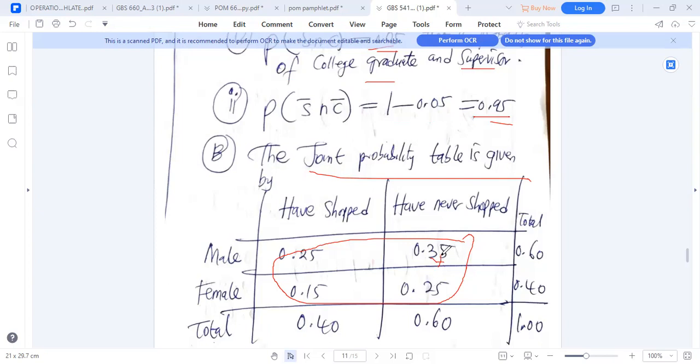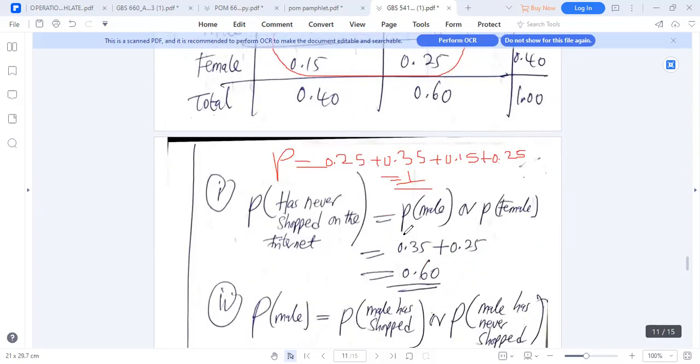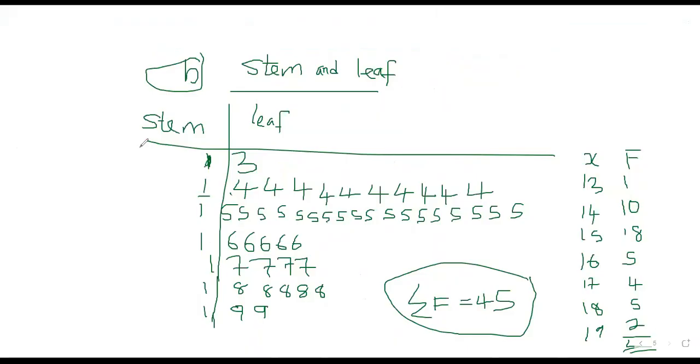So the probability that he has never shopped means either a male has never shopped or a female has never shopped. So probability of either is addition.